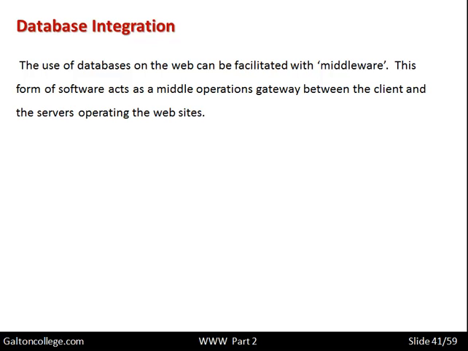What it means is that when we access a site, we're able to request information. The Common Gateway Interface, CGI, will do its work in the background, perhaps interrogating databases and bringing back the information that we require.